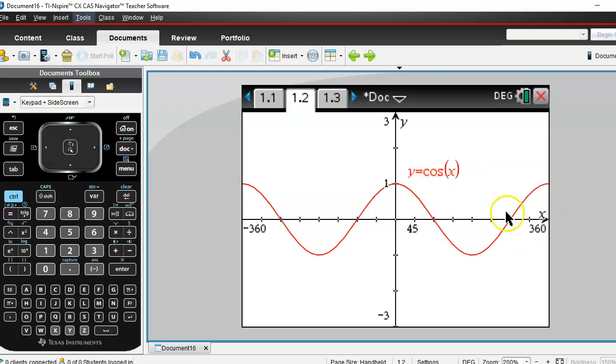So that cycle is still 360 degrees, and that amplitude is also 1.